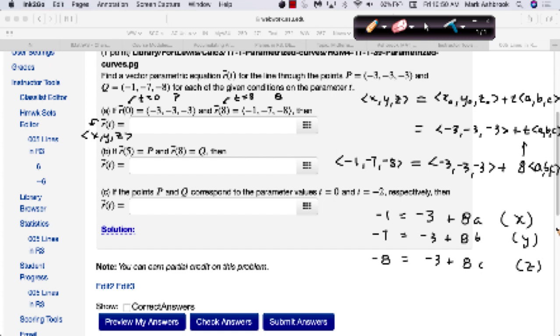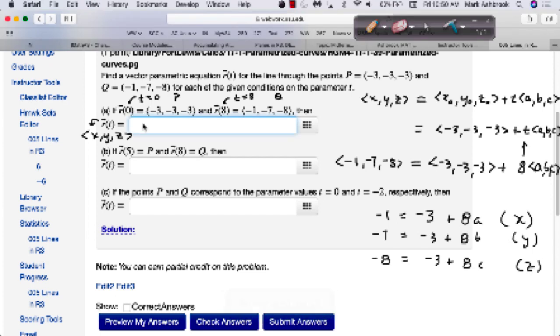So what is A? Let's just make sure we're right here. So let's go ahead and put it in. So we want -3, -3, and -3, plus t times.